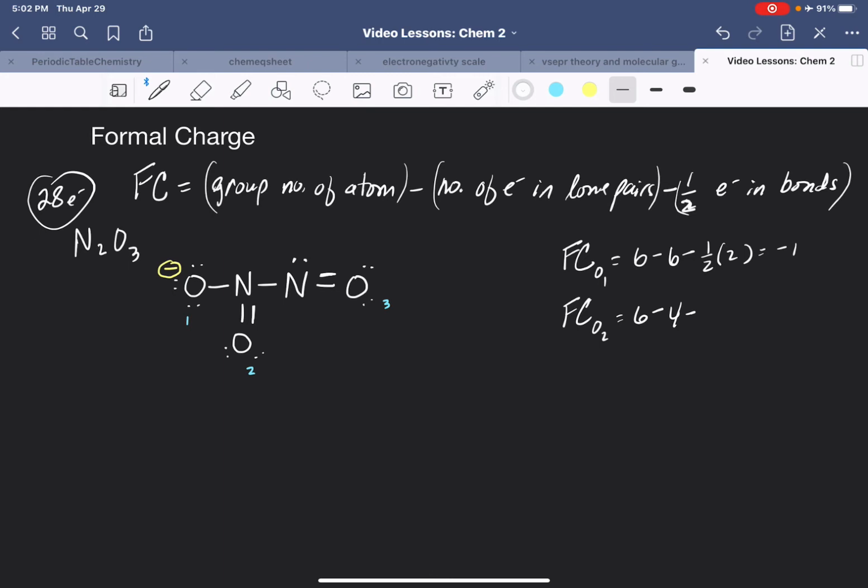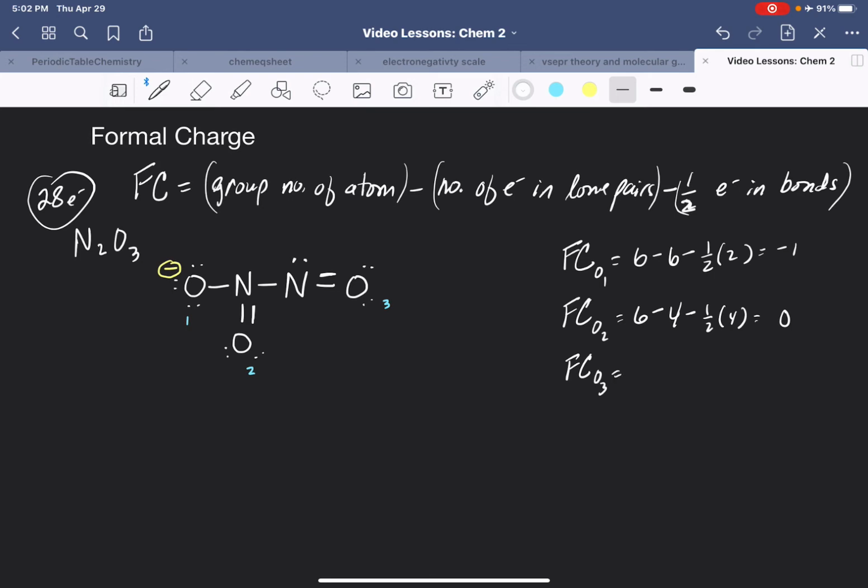And then we've got 1/2 of the electrons that are in the bonds. So that's 2, that's 4. So we've got 6 minus 4 is 2, minus 2 is 0. So on oxygen 2, we're going to call that a 0. All right. We're going to say that that's neutrally charged.